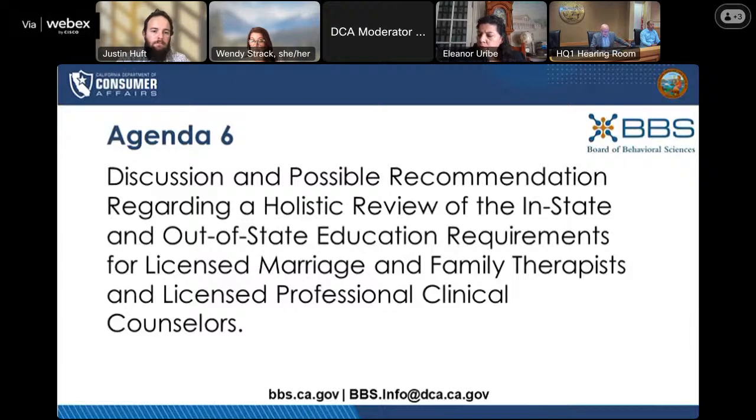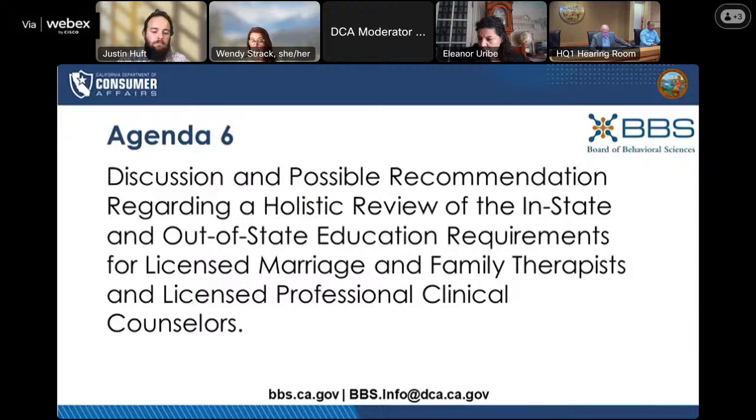Current challenges. There are inequities currently between out-of-state and in-state applicants. For in-state applicants, all educational requirements must be met. For most applicants, all education requirements must be met before an associate registration is granted.